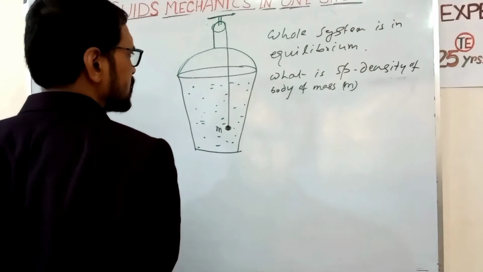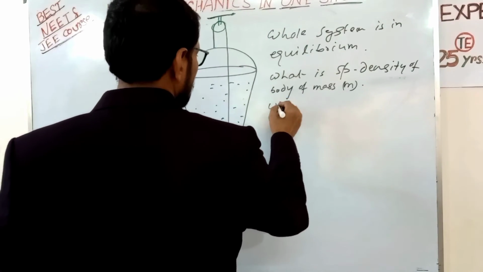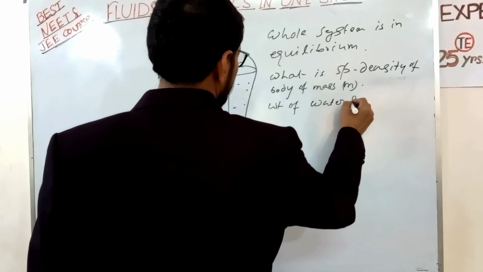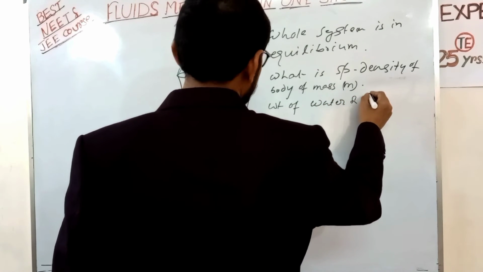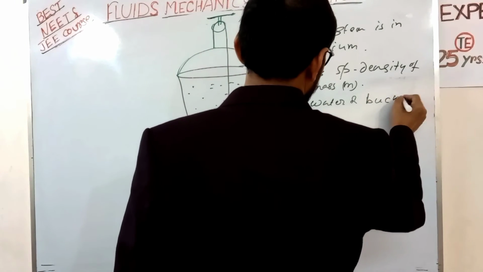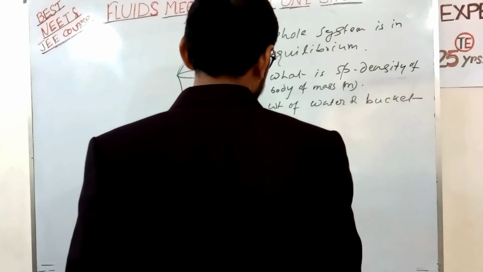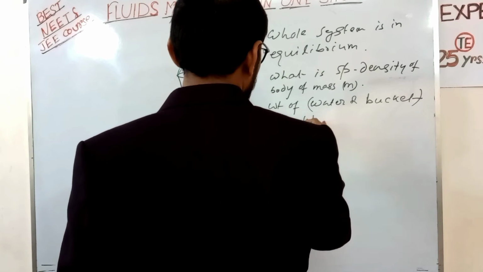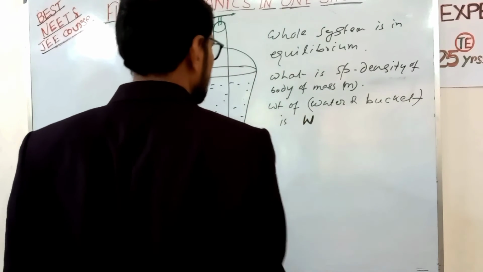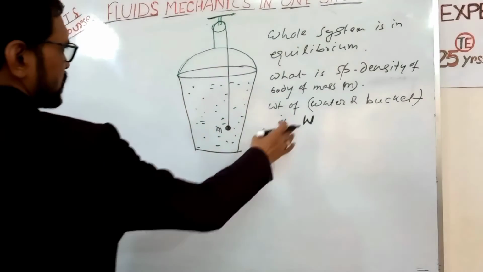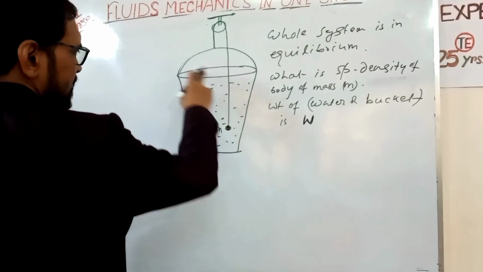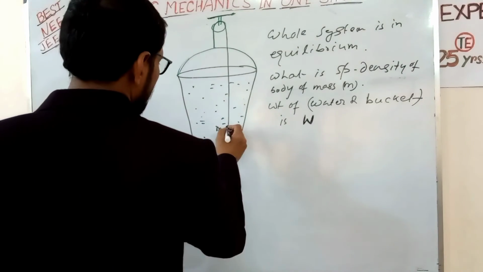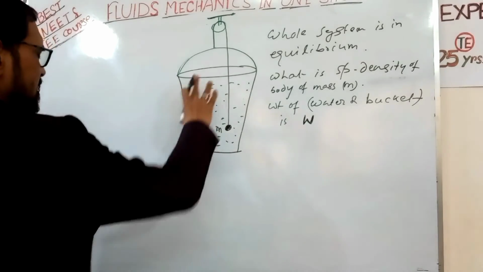What is the specific density of the body of mass m, so that the whole system is in equilibrium? This is the body whose mass is m. The weight of water and bucket is W. So if the weight of liquid and bucket is W, what is the specific density of this body, given the system is in equilibrium?